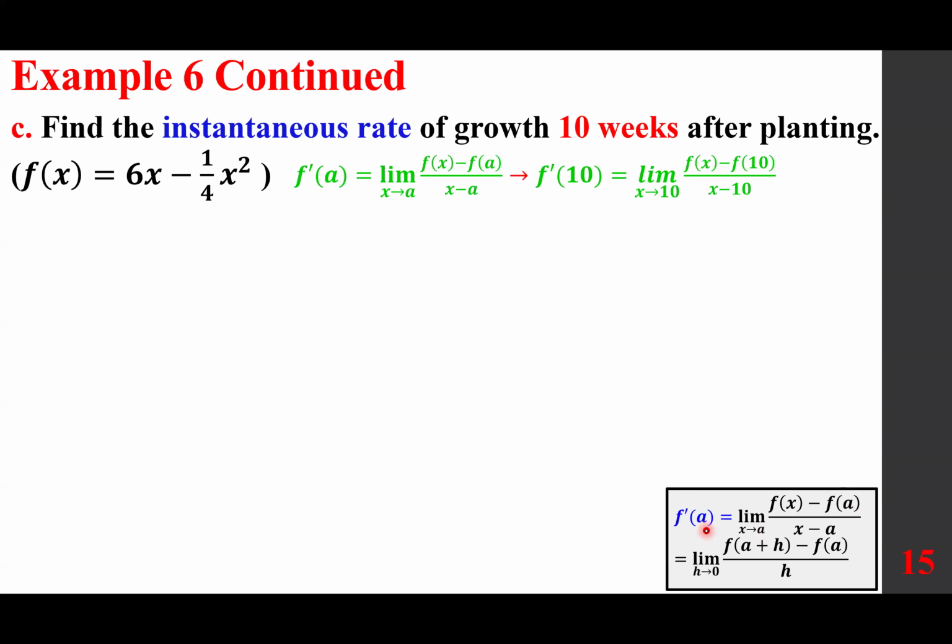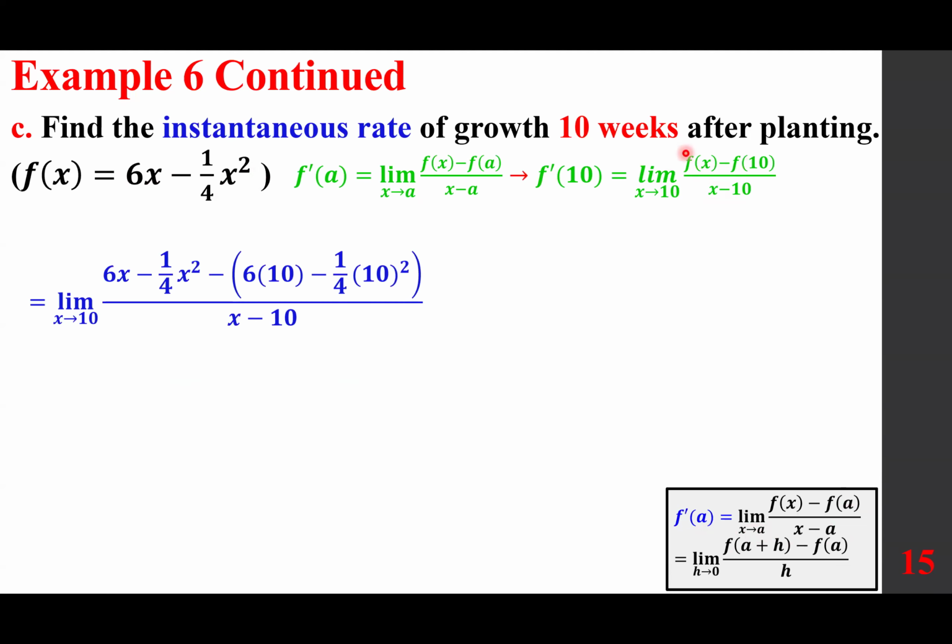It's very simple. F prime of 10 equals this limit. The bottom doesn't change. F of x is this function that doesn't change. Let's plug in 10: 6 times 10 minus 1/4 of 10 squared. So basically the numerator is something you have to work on. The rest are very straightforward. It's just x minus 10. So what happens here?